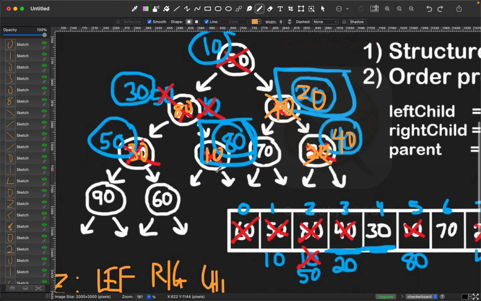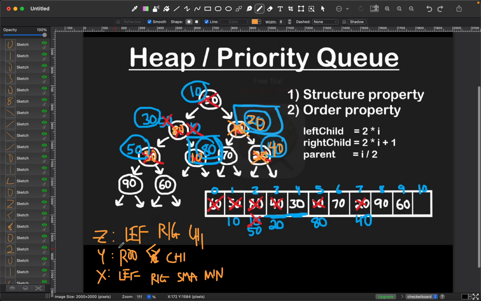So I do the operations. Is my root smaller than my children? Yeah, it's cool. So we come to here.